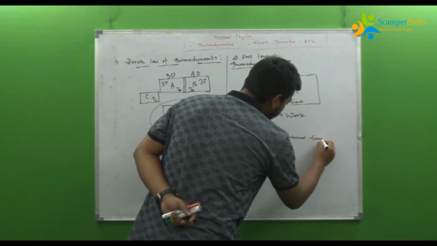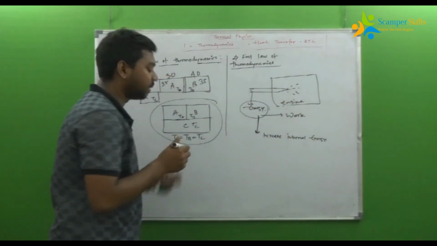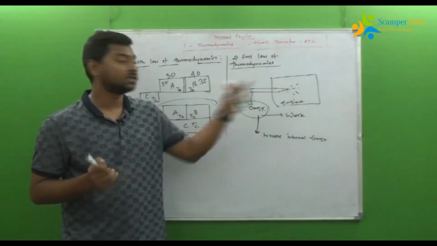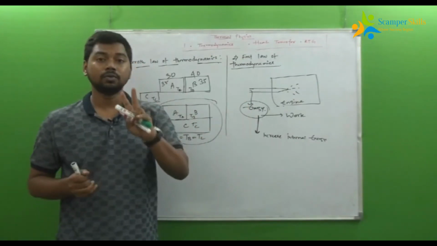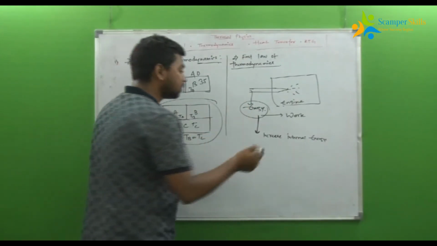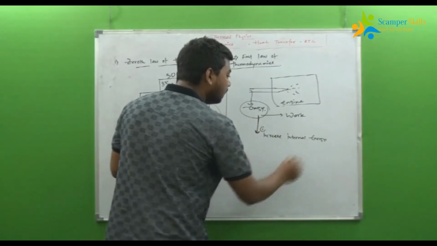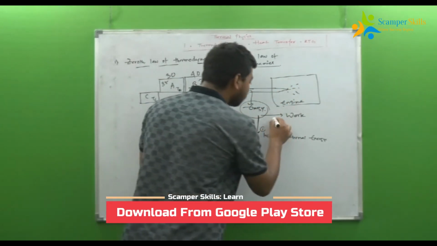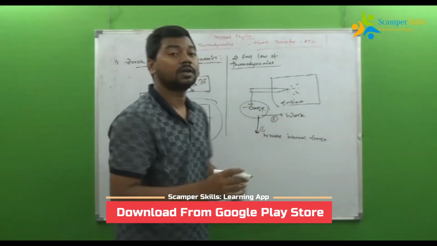Let me correct myself once again. You are supplying certain energy to a particular system. That energy is going to divide into two. First, this energy is going to increase the internal energy of that particular engine, and thereafter, with the rest of the energy, it is going to produce a certain amount of work.